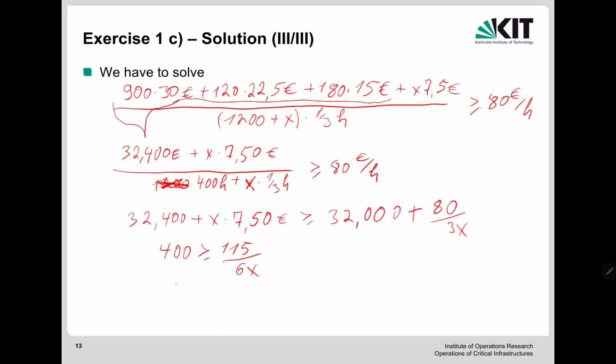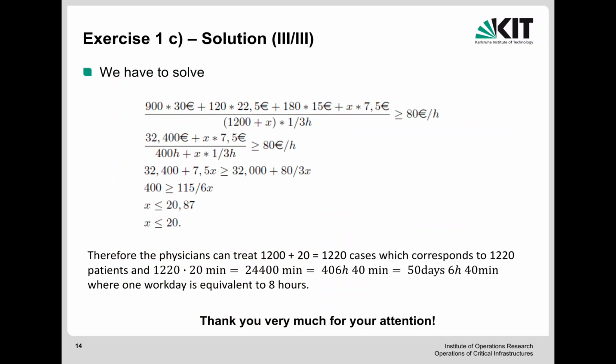And as soon as you have to divide it or to multiply that, we have to multiply 400 times 6 times x, and that means actually that x should be less or equal to 20.87 cases, but we cannot have fractional values. That means we simply say that x shouldn't exceed 20 cases. Okay, so sorry for the handwriting here. You have a cleaner version of it.